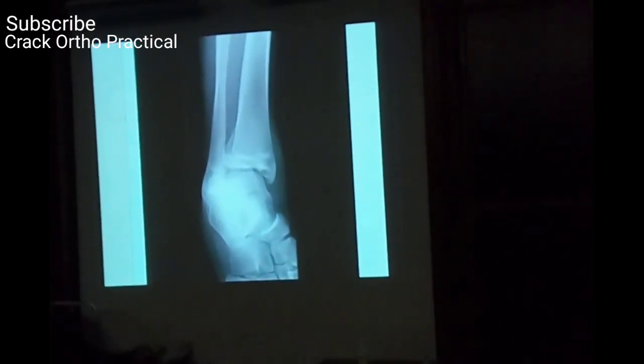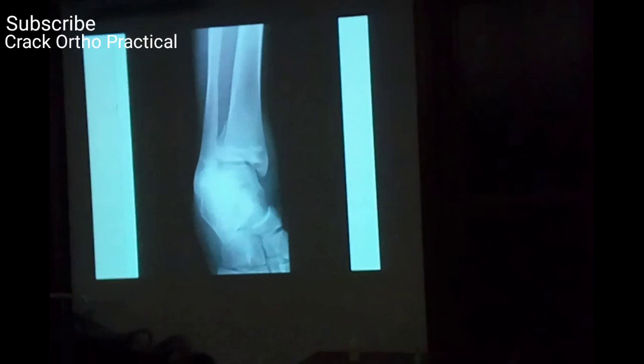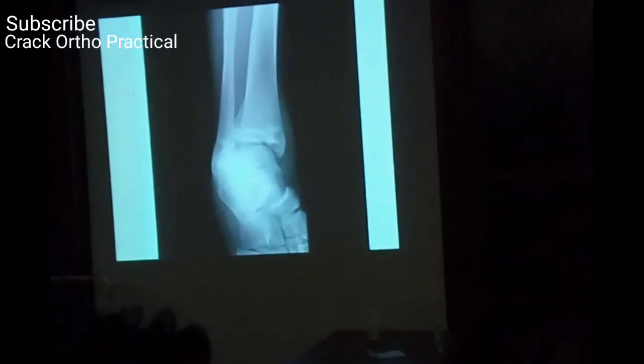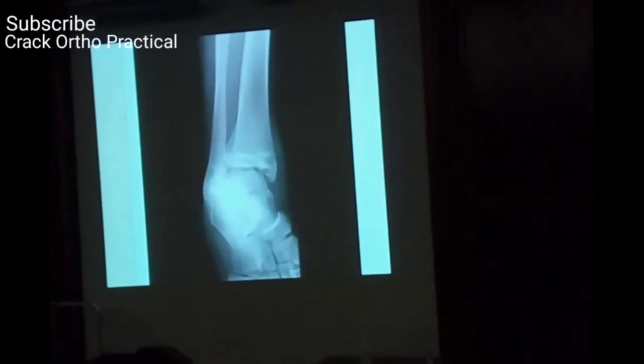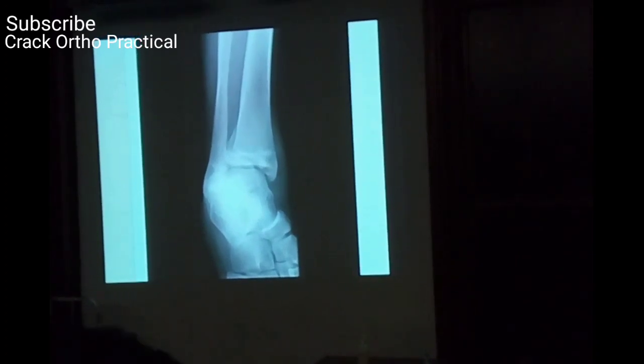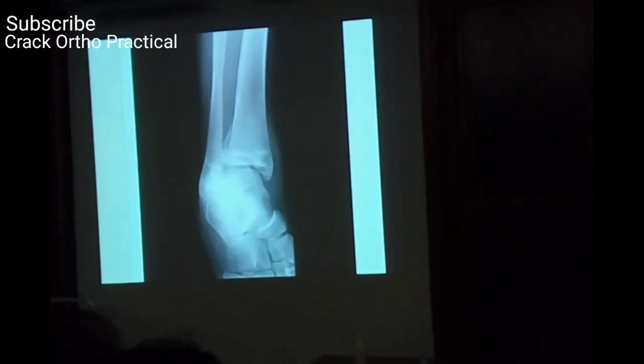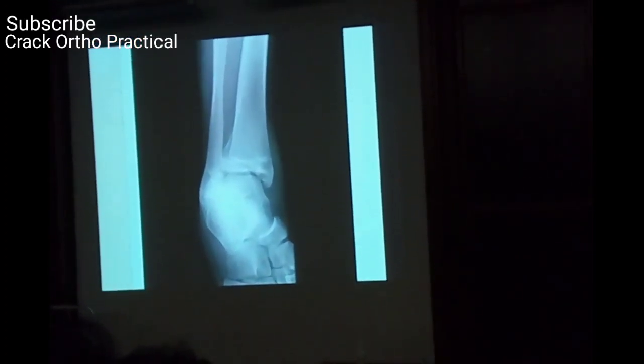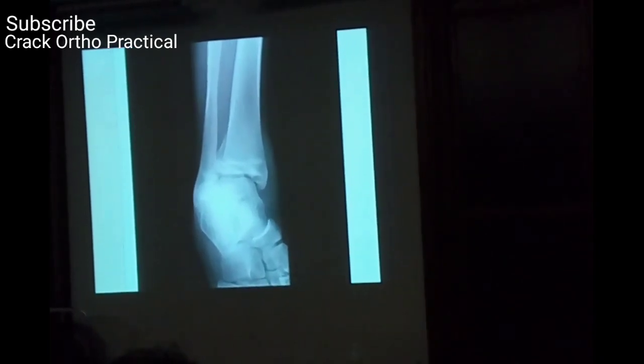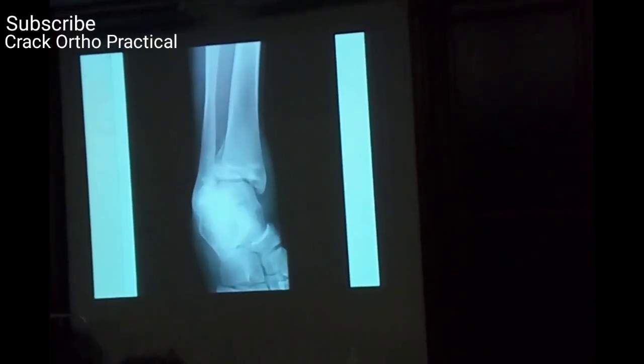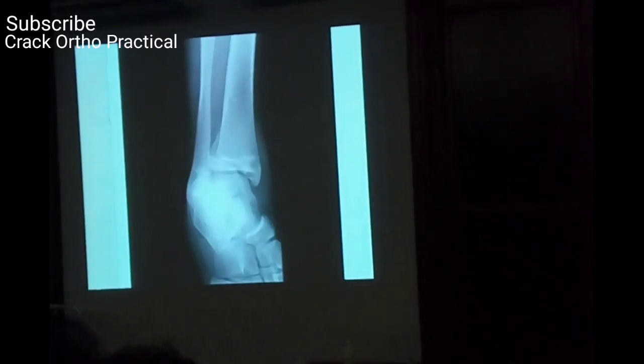Or would you like some different view also? Now what type is it? 4 or 2? There is a metaphyseal wedge, isn't it? It can be classified as type 4, but still, it's a triplane fracture. Anybody knows about triplane fracture?